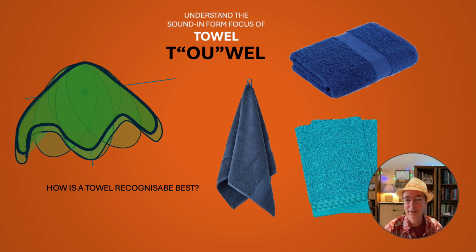And how is this towel described in letters? Exactly like that one, where you can recognize it best. And the influence of what comes first is how we recognize it best, or how we can recognize it best via the letters that describe this. It doesn't really matter what comes first. It fits best.